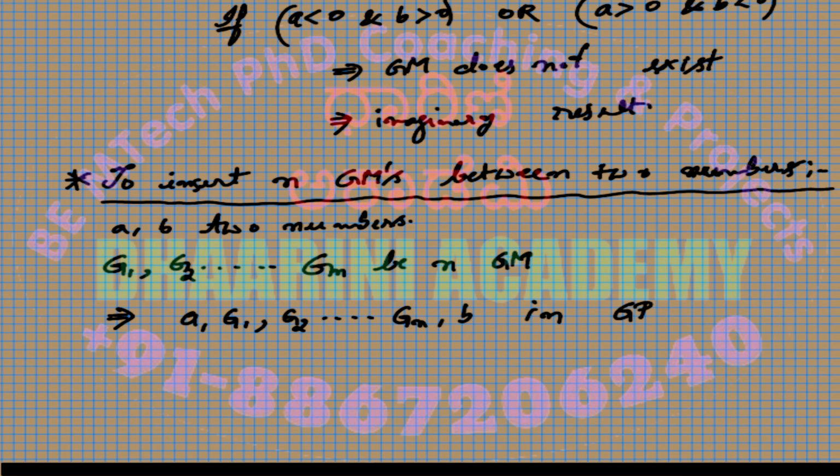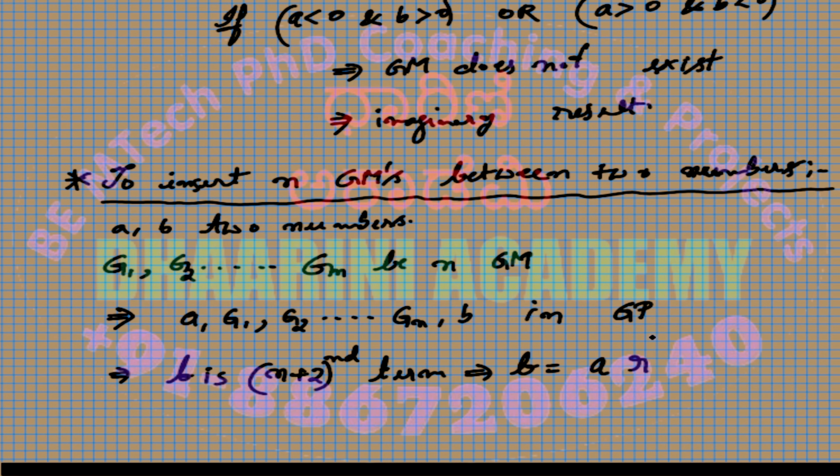Right? We know that if this is the case, the b is the n plus second term. So this means b is equal to, according to the GP, it has to be the starting number a into the common ratio r raised to the power n minus 1.